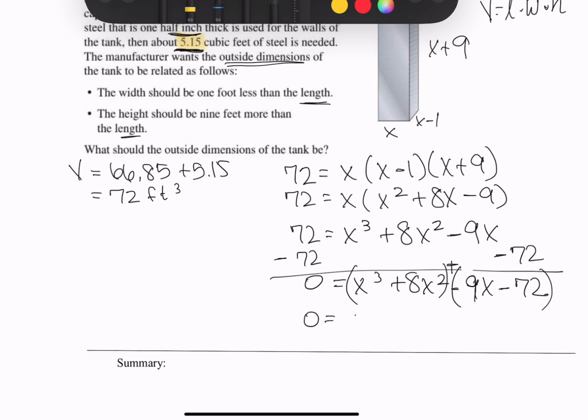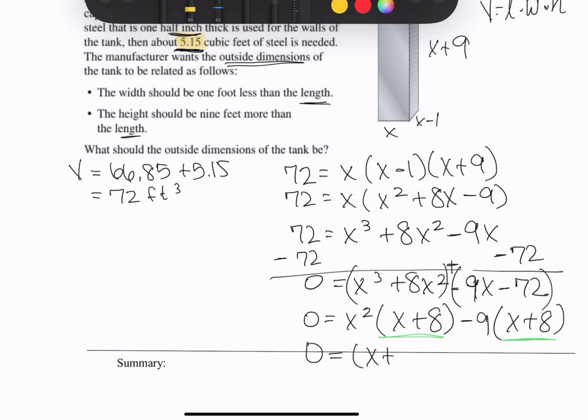I'll factor out an x squared, leaving me with x plus 8. And I'll factor out a negative 9 in the second grouping, leaving me with x plus 8. That is fantastic. You should see we've got common binomial factors that I can now factor out. So I will now have 0 equals x plus 8 times, well, what's left? In the first term, an x squared, and in the second term, a negative 9.